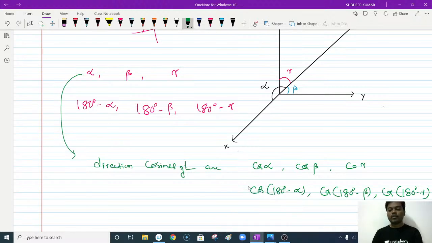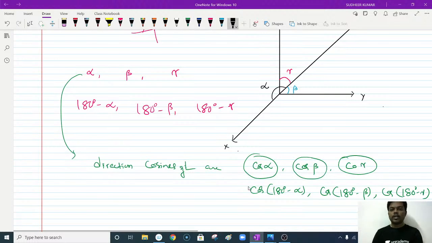So cos of 180 minus alpha. These direction cosines will also be denoted by the letters L, M, N. L is cos alpha, M is cos beta and N is cos gamma. So here it is cos of 180 minus alpha, and cos of 180 minus alpha is minus cos alpha.